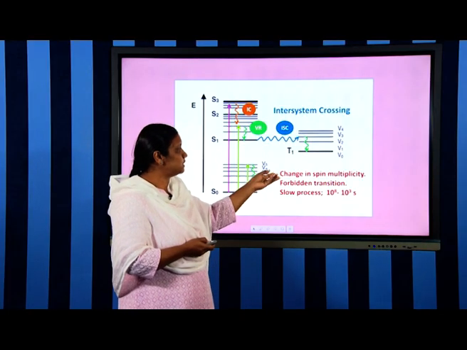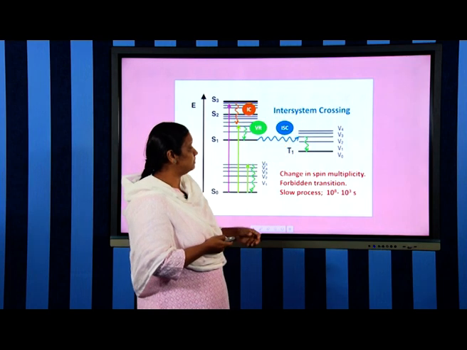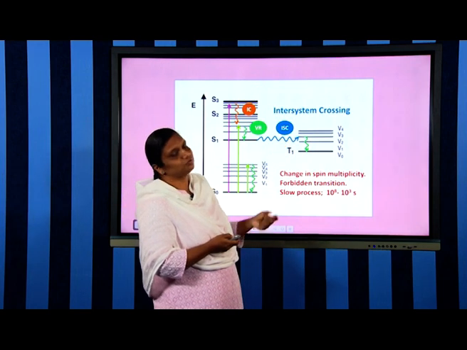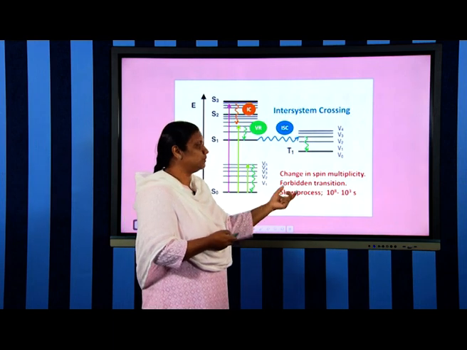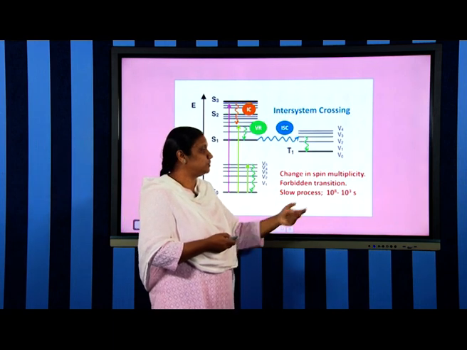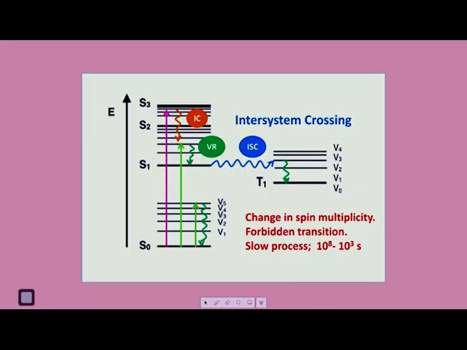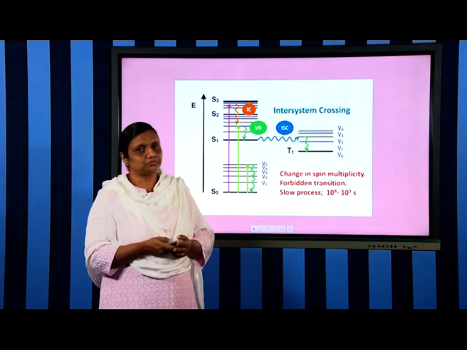This involves a change in multiplicity and it is a slow process. Since there is a spin flipping, it takes 10 to the power of -8 to 10 to the power of -3 seconds. So, it is slower than the internal conversion and vibrational relaxation.